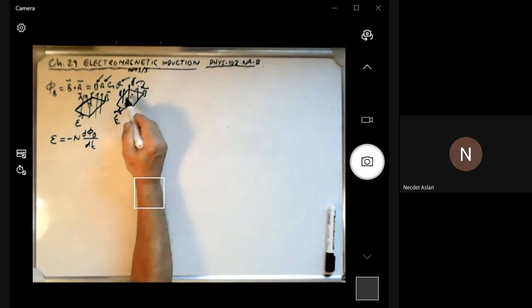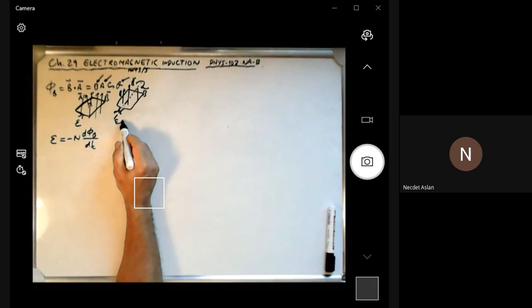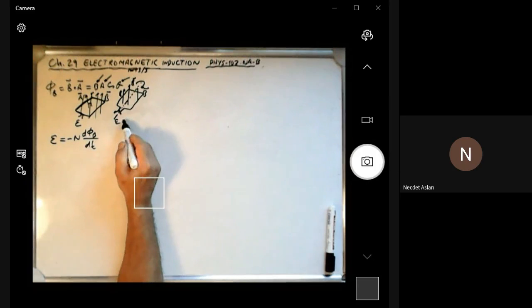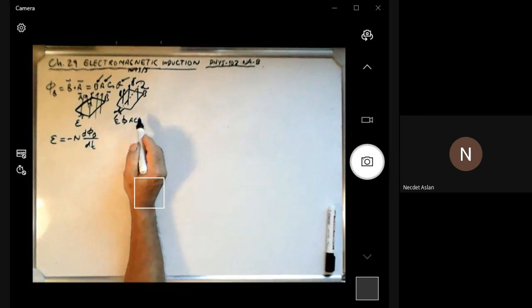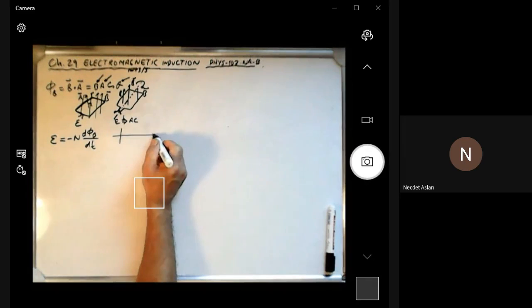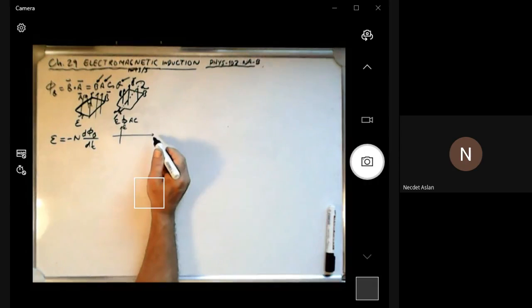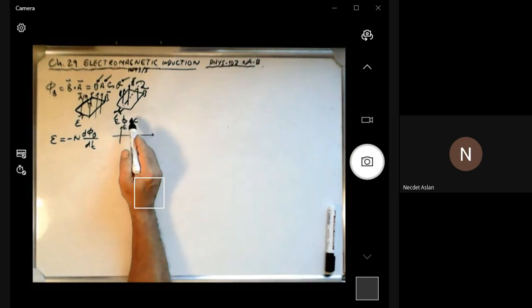So if you can rotate this thing, it acts like an alternator. Again, epsilon is given by exactly the same expression, but this becomes AC. So this is electromagnetic induction.